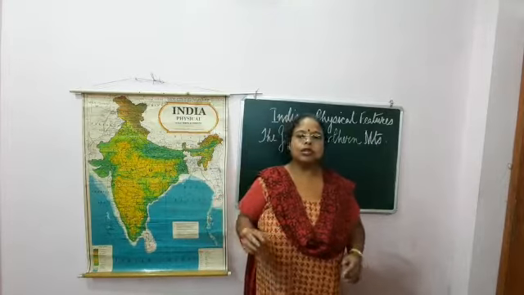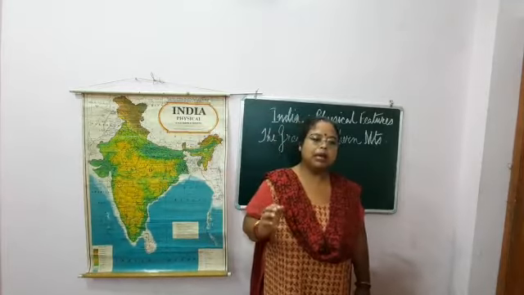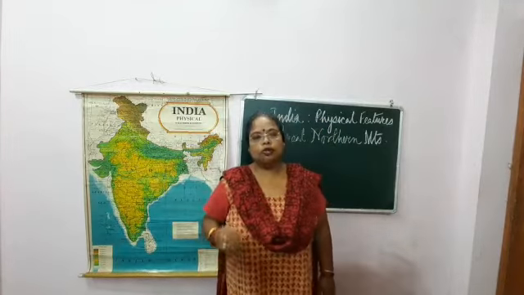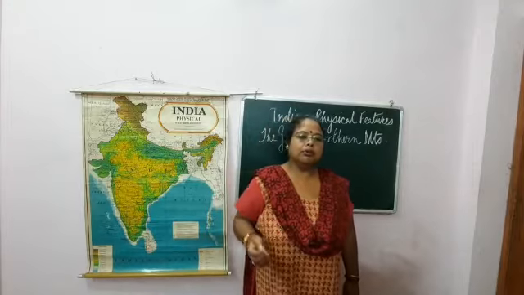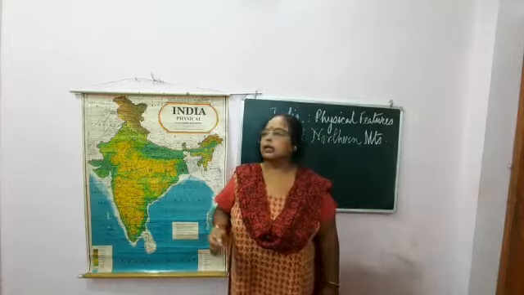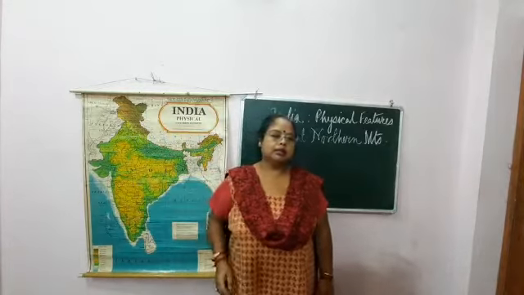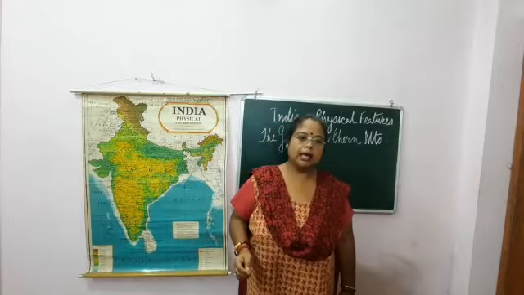The Himalayas are divided into 3 main parallel ranges. What are those parts? Number 1, the Himadri or Greater Himalayas. Second, the Himachal or Lesser Himalayas.